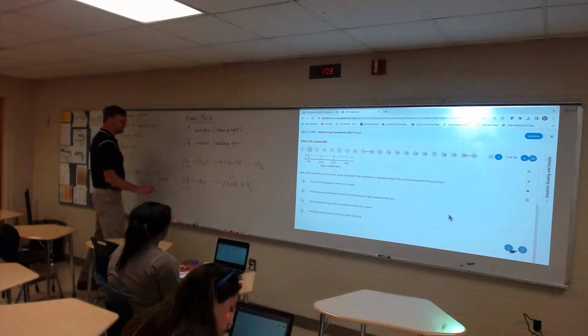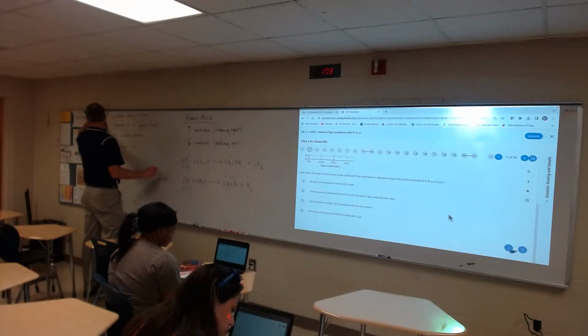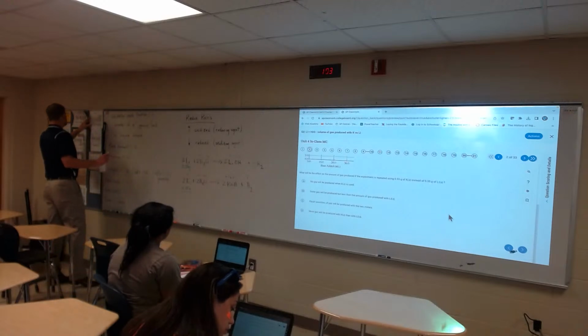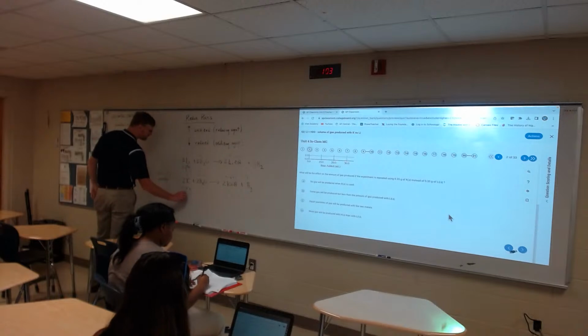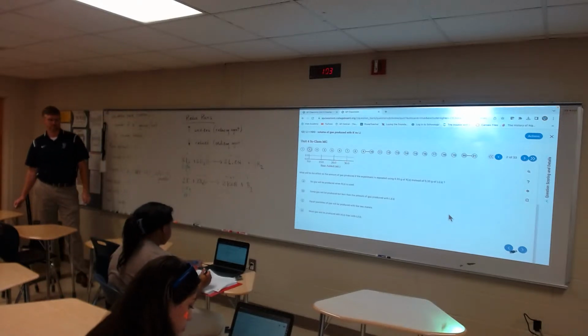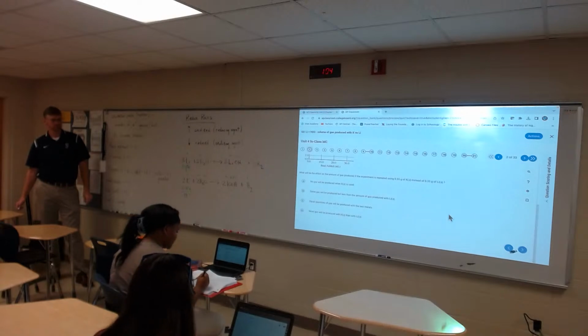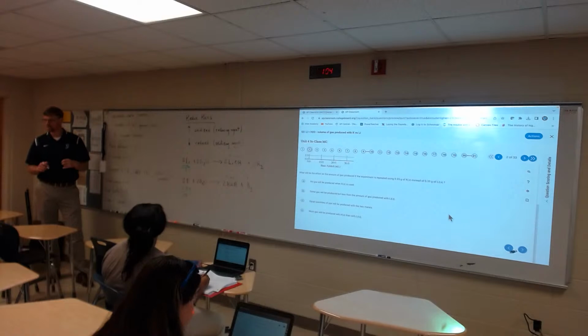So to find the moles of lithium, we divide by 7, and for potassium, that's going to be 39. Okay? Which one of those is giving the bigger number? Dividing by a smaller number gives you a bigger answer, right?